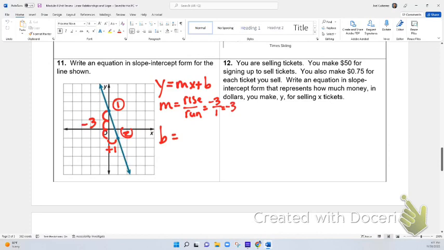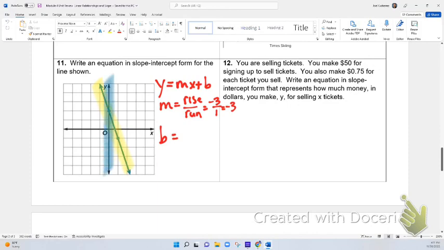And then for your y-intercept, also known as your b, I simply want to know, where does your line cross your y-axis? So once again, here's my original line. Let me mark my y-axis, which is this one.